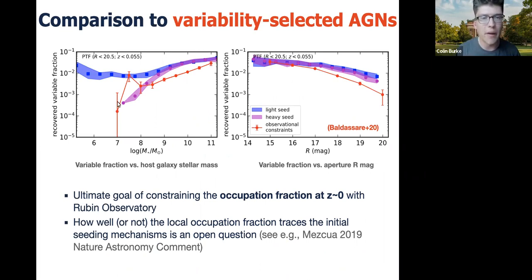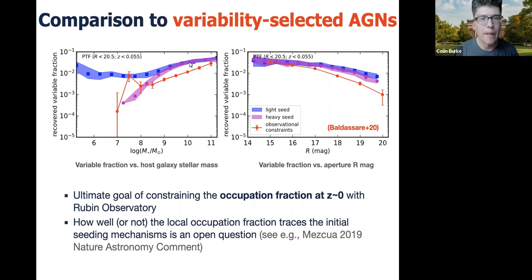So that's shown in red here. I showed that on the previous slide. This time it's a log scale. So this is the fraction of galaxies that are variable as a function of log stellar mass.